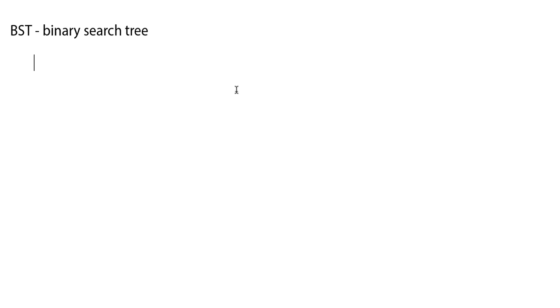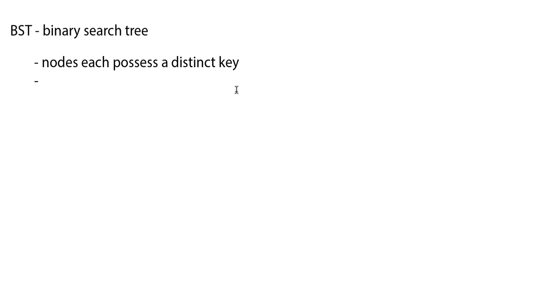BSTs have a few distinct properties. First, nodes each possess a key, and we're going to enforce that this key be distinct for the sake of being a dictionary. That's the first thing it needs to have.